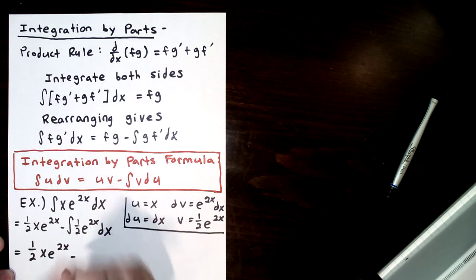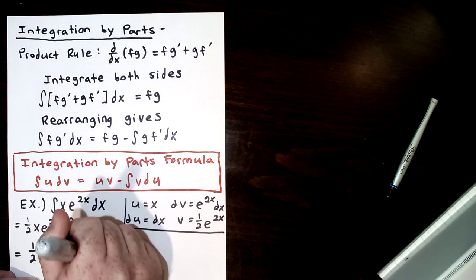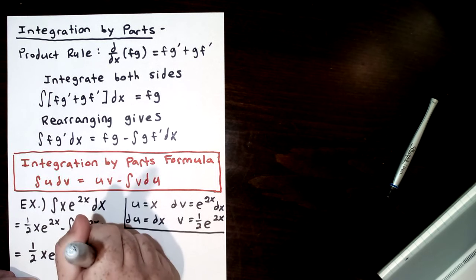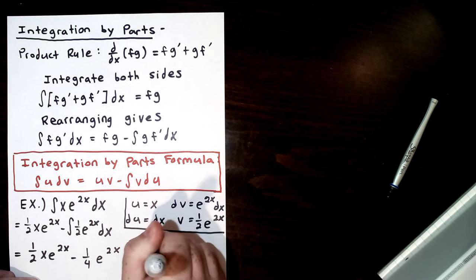And now think of the derivative of what function is 1 half e to the 2x. Well, from up here, we know that the derivative of e to the 2x is equal to 1 half e to the 2x. So basically, this integral would be equal to 1 half of the integral of up here. So therefore, we will have 1/4 e to the 2x, and don't forget your constant at the end. And this is our final answer.